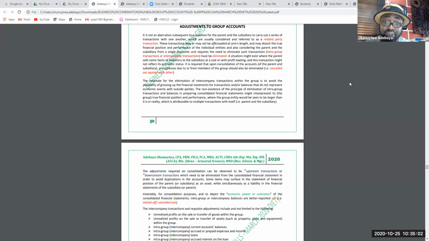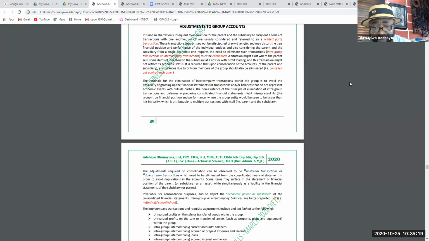In practice, three things usually cause these differences or unreconciled items. The first one is the issue of error, which you can consider as accounting error.